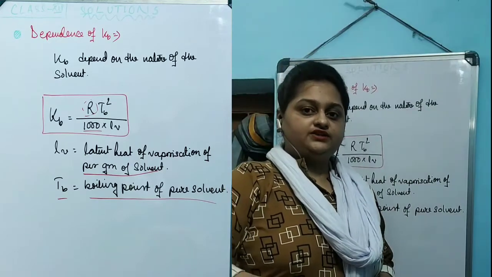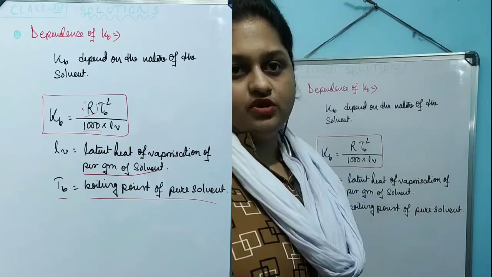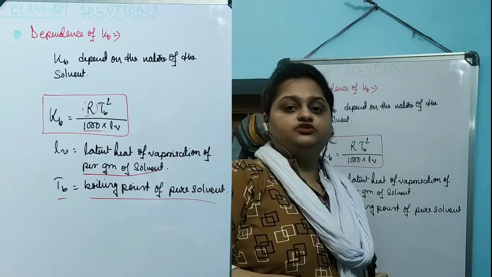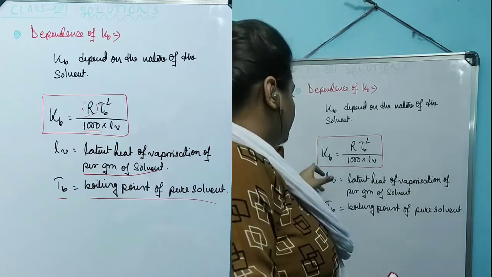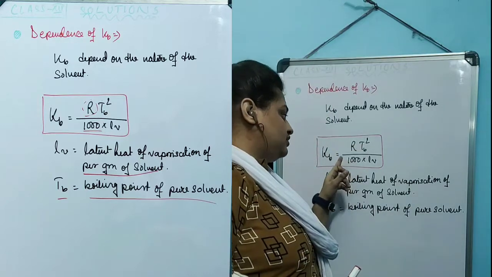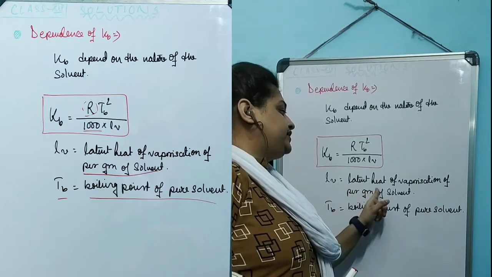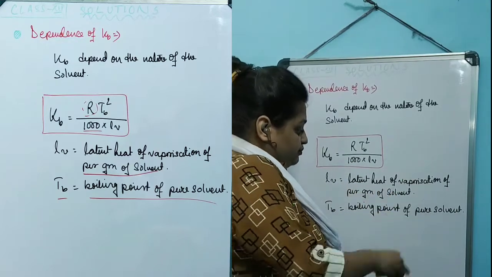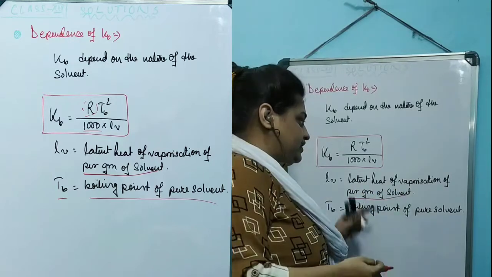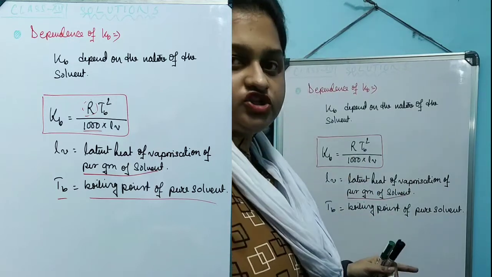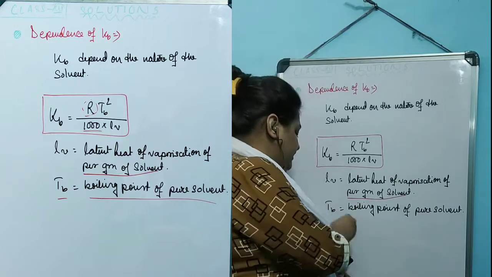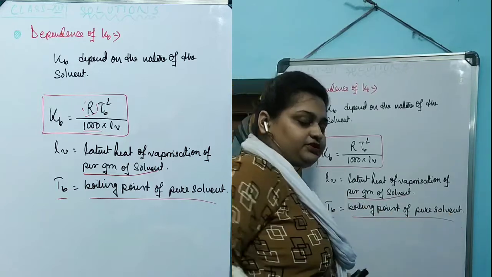The ebullioscopic constant depends only on the nature of the solvent, and is expressed as Kb equals R Tb square by 1000 multiplied by Lv. Lv is the latent heat of vaporization per gram of solvent, and Tb is the boiling point of the pure solvent.